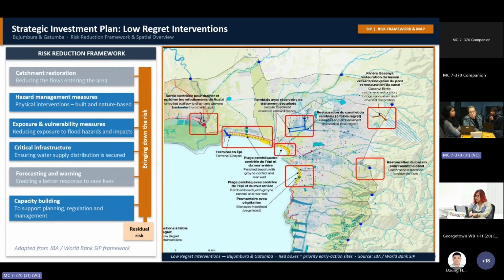Upstream interventions target flow attenuation and sediment control to reduce the volume and intensity of runoff entering the urban system. Investments include green solutions such as catchment restoration, as well as gray solutions such as check dams.